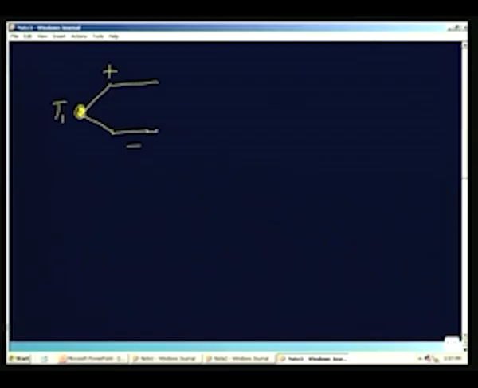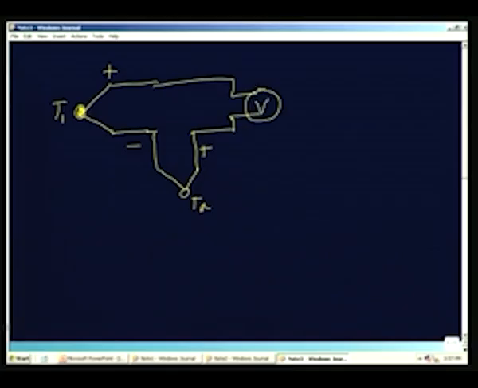Okay. So, I want to increase the output. This is what you have. This is one single thermocouple. We have already seen this. This is single. Suppose I do the following. Suppose I take several junctions.